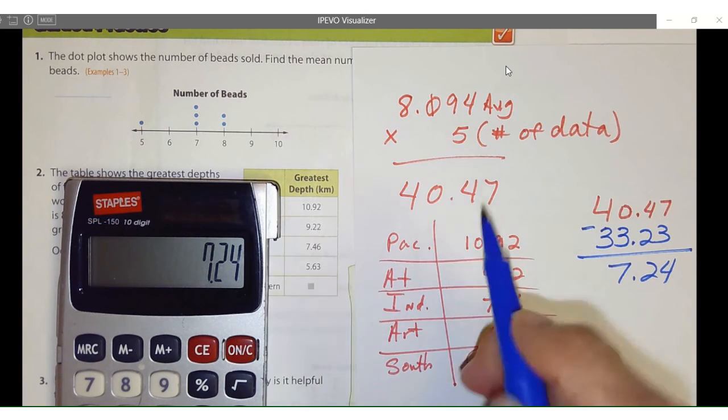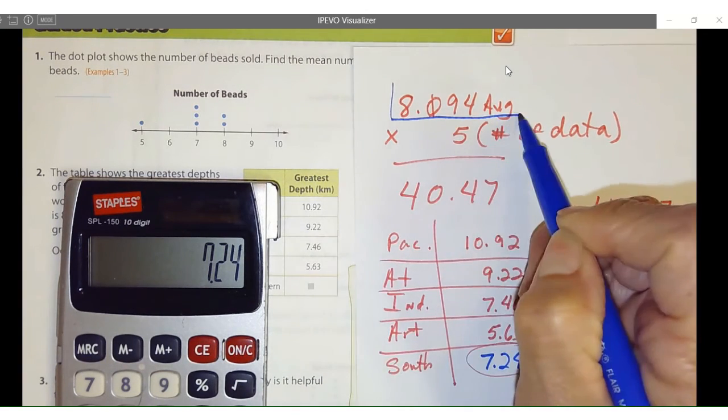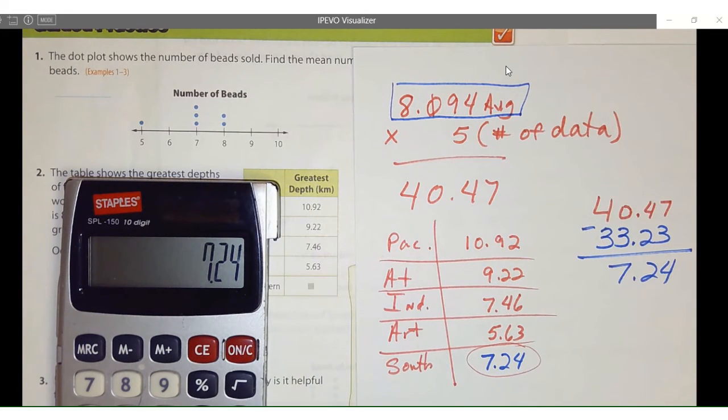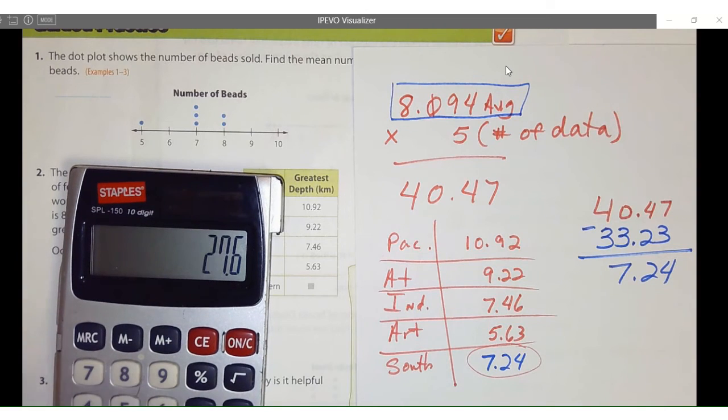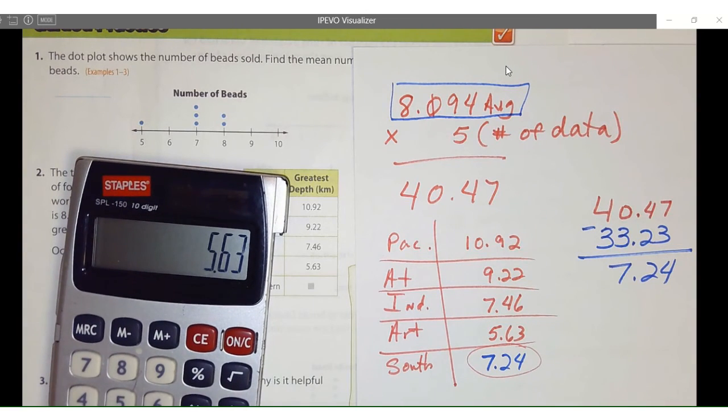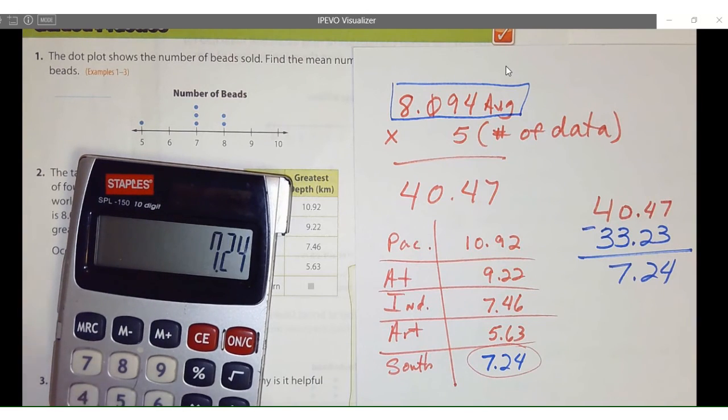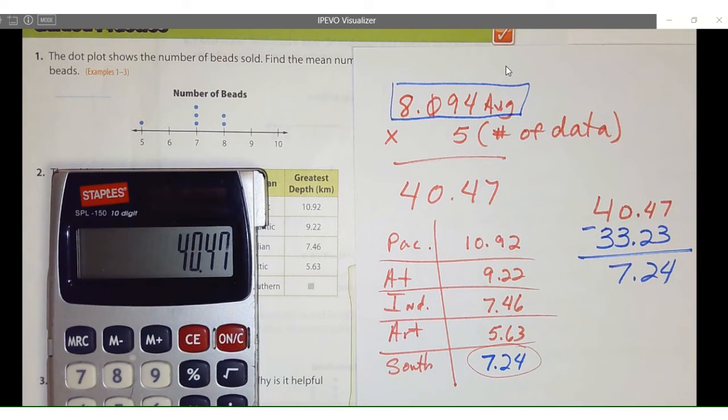So now let's total these right here, because this is the average that they told us it was. 10.92 plus 9.22 plus 7.46, because right now we're checking our work, plus 5.63, plus 7.24 equals 40.47, divided by 5. 8.094.